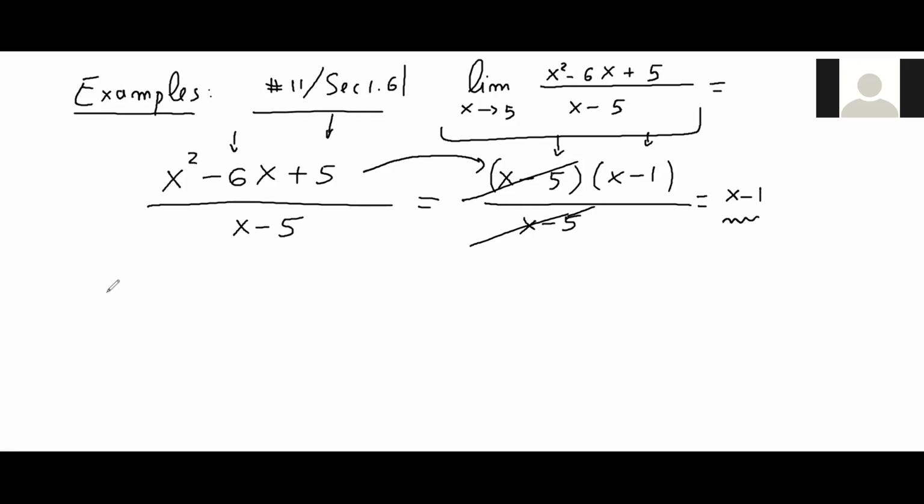So what you want to say is, I want to calculate the limit as x goes to 5 of x minus 1. And that is 5 minus 1, folks. We can do a substitution at this point in time, and 5 minus 1 ends up being indeed 4, which is what we guessed with the table.